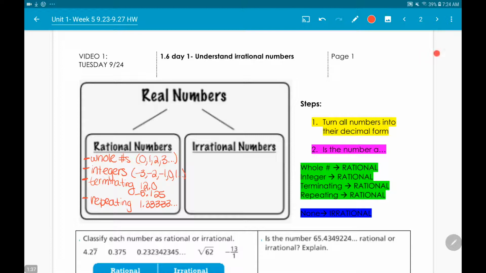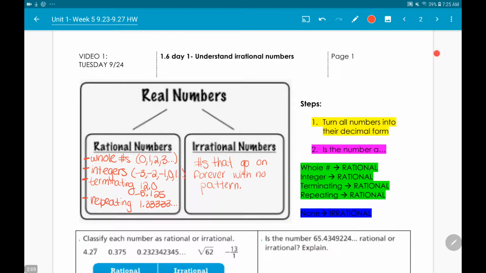So then irrational is pretty straightforward, right? Irrational numbers are numbers that go on forever with no pattern.